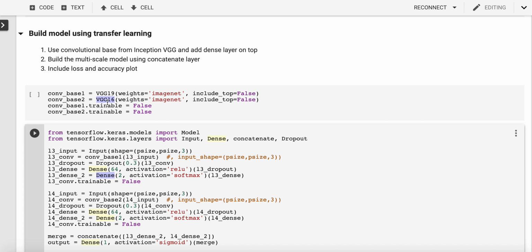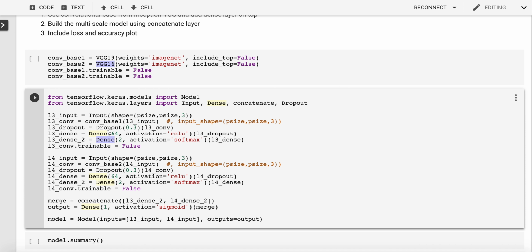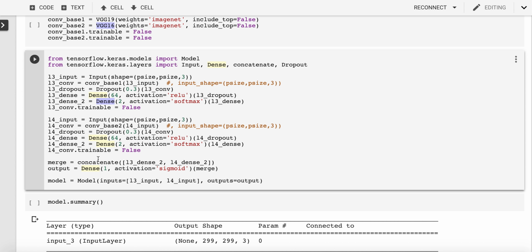So to avoid this problem, I just use another model, because I think VGG19 and VGG16 are pretty much the same, so I don't think this will matter that much. I used VGG19 for level 3 and VGG16 for level 4. Then we concatenate both towers together and output a final classification.